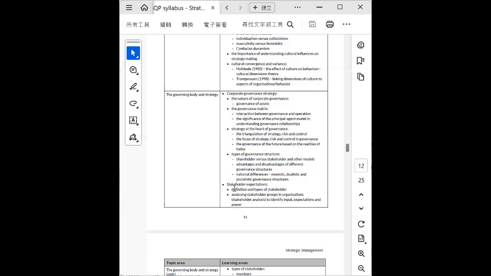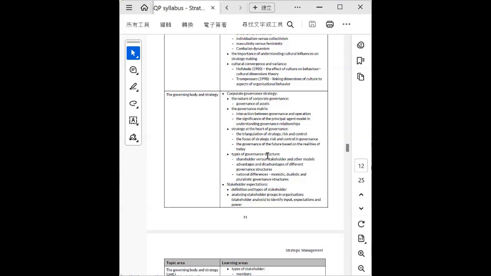The focus on strategy, risk, and control in governance highlights the importance of aligning the strategic objectives with the risk tolerance and control measures. And then governance of the future based on the reality of today explores forward-looking governance practices that address current challenges and anticipate future trends.